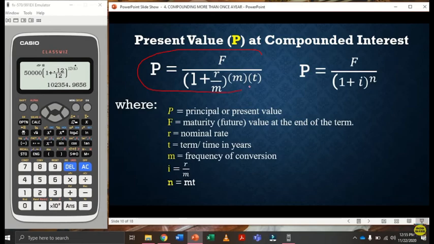Principal equals F, the future value, over 1 plus R over M to the power of M times T. Then, principal equals F over 1 plus I to the power of N. P is principal, F is maturity value, R is nominal rate, T is term or time in years, M is frequency of conversion, I is R over M, then N is M times T. Pili lang ka sa duha, asa mas madali ka.